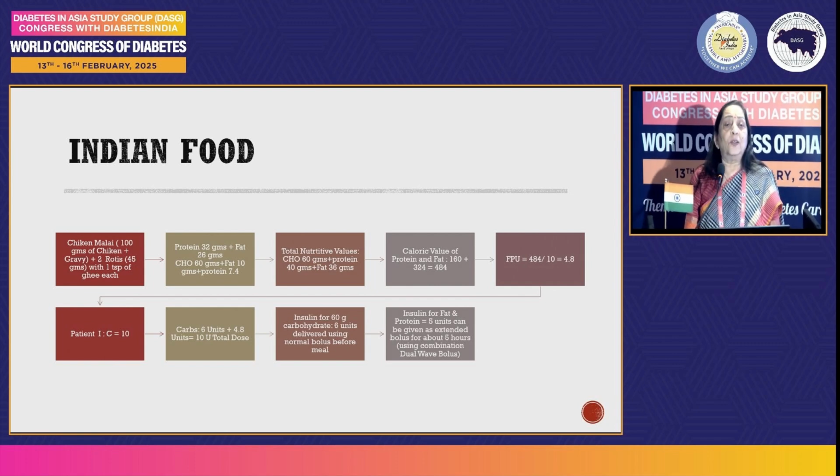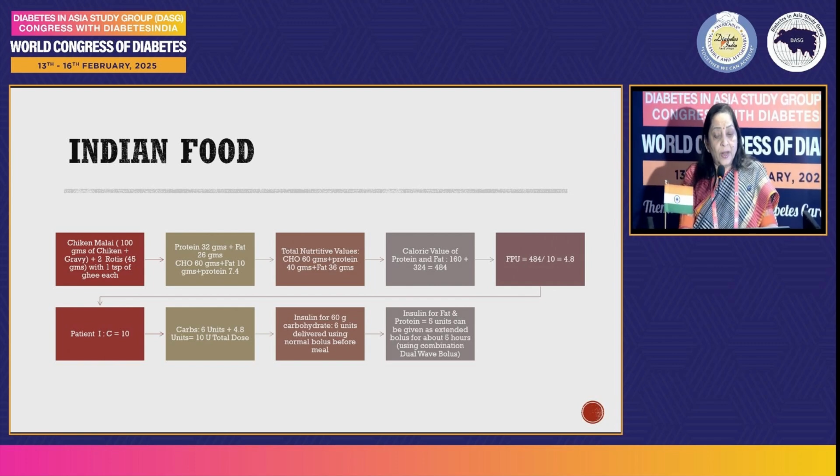So to calculate the fat protein unit, 384 divided by 100 is 3.84, and then you divide by 10 because it contains 10 grams of carbohydrate. So it will be 4.8. So you have to take an extra 4.8 units.